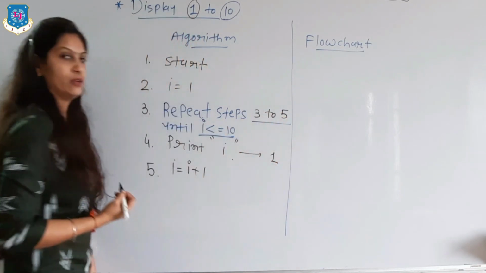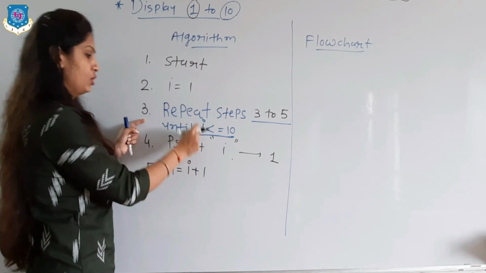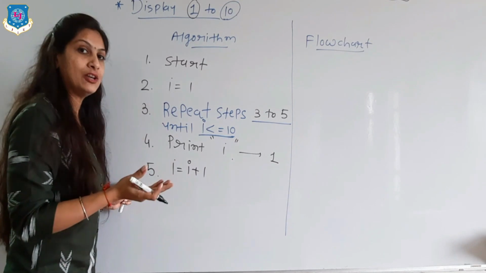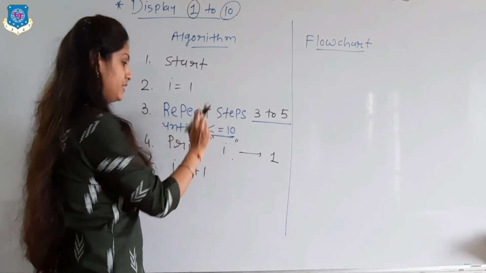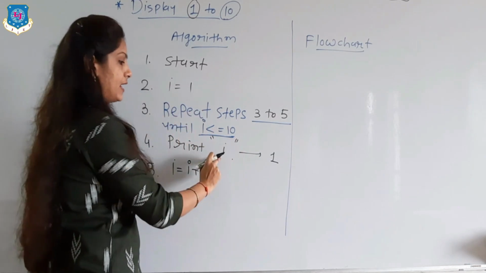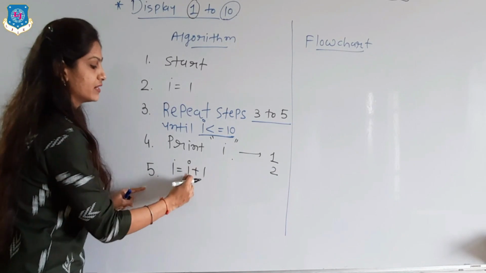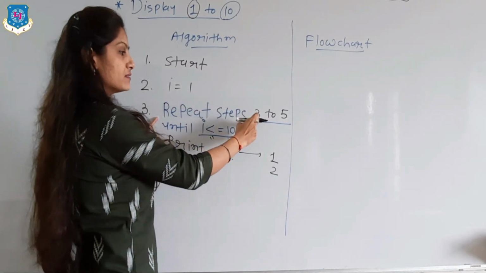Why? Because the third step is the condition. If it is true, then we have to print, and then calculate the new value of I. Now 2 is less than 10, yes, so we have to repeat: print I, that is 2, I equals I plus 1, that is 2 plus 1. Now I becomes 3. Again jump to the third step.